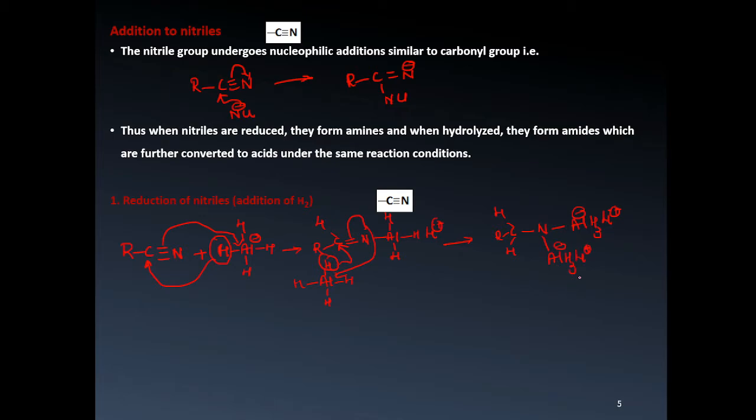So next on hydrolysis we'll have RCH=NH plus 2 Al(OH)H3 lithium. This is addition of nitriles.